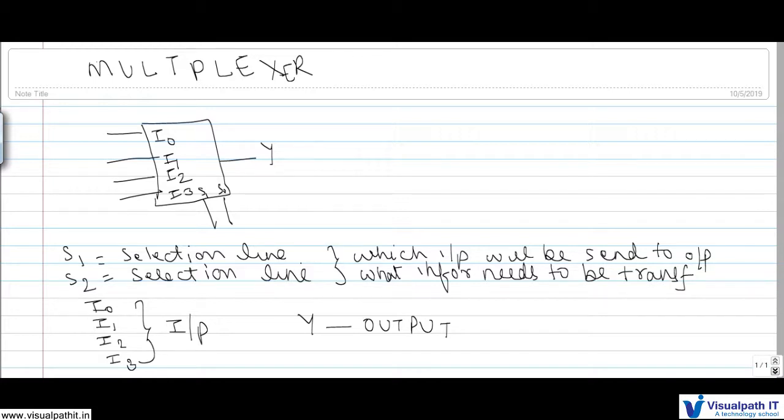Now we will try to find out the internal architecture of this multiplexer.